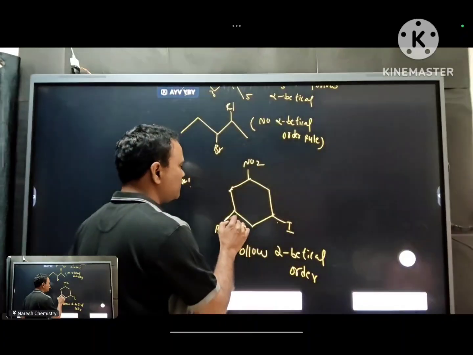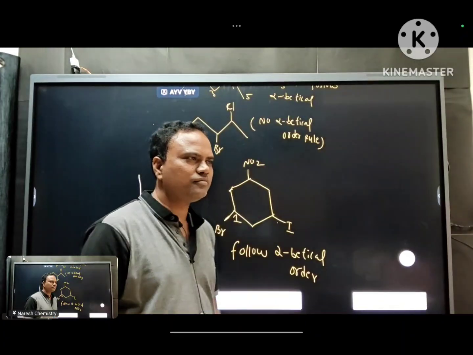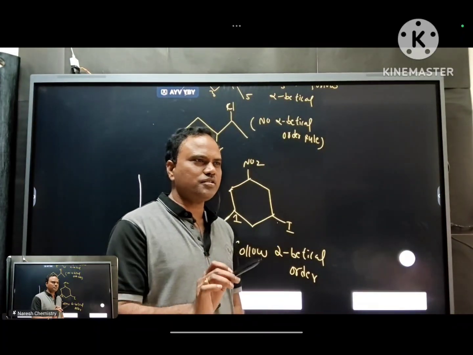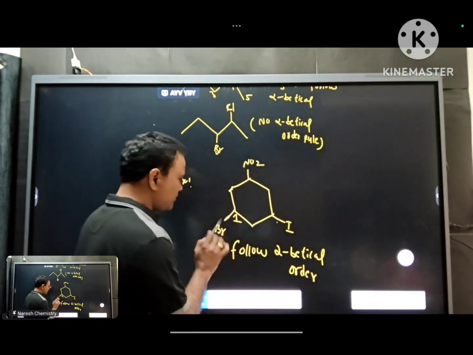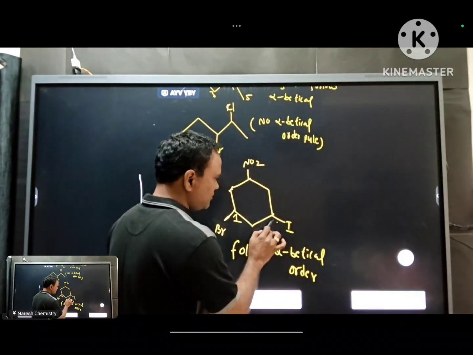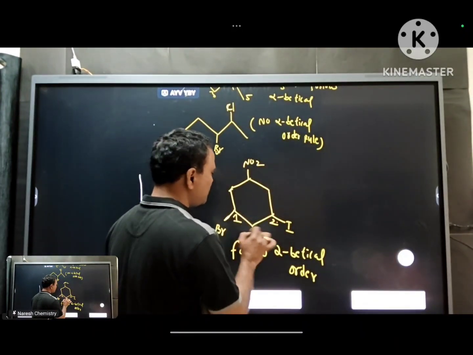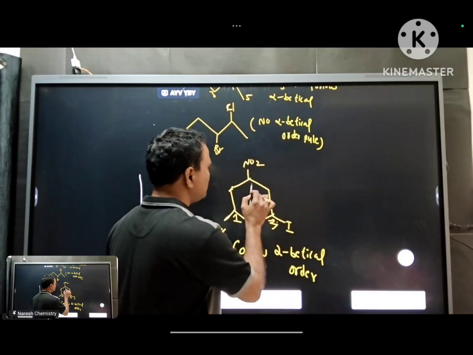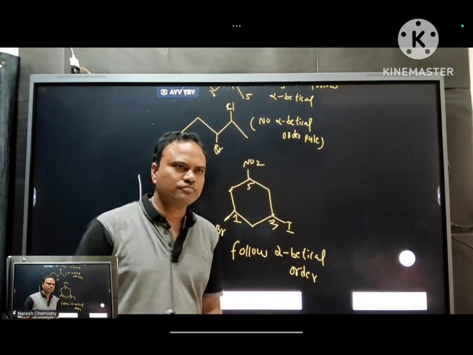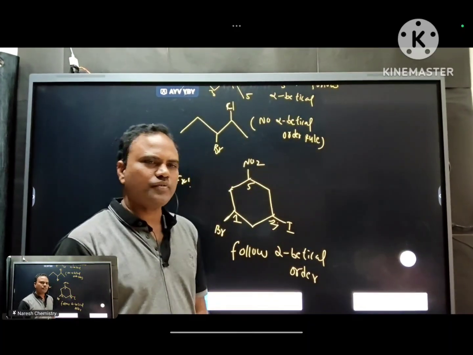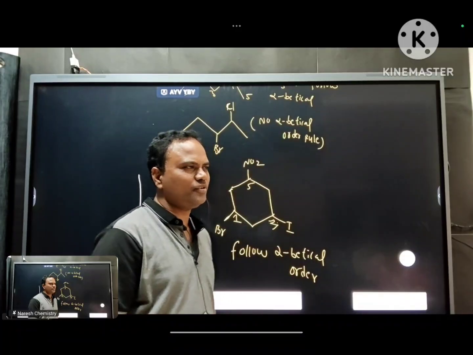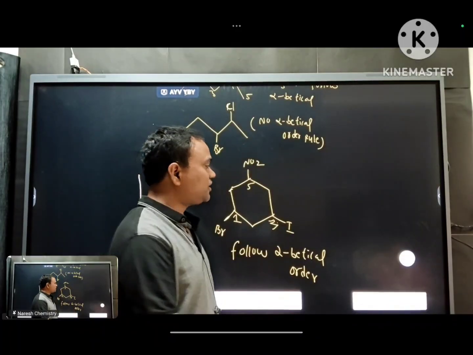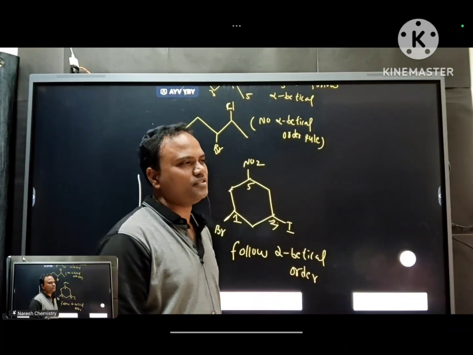So what is the correct numbering? First bromine. Next iodine. 1, 2, sorry, 3, 4, 5. First, bromine is easy because of the B letter. After that, N and I, which letter comes first? I.